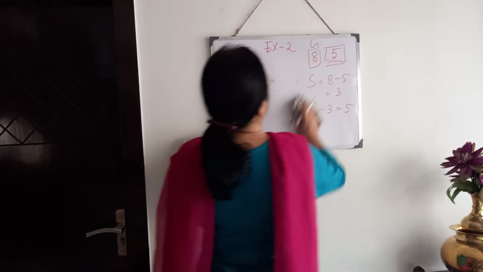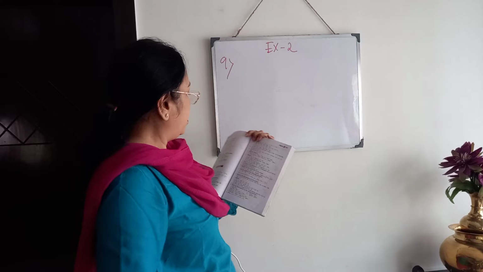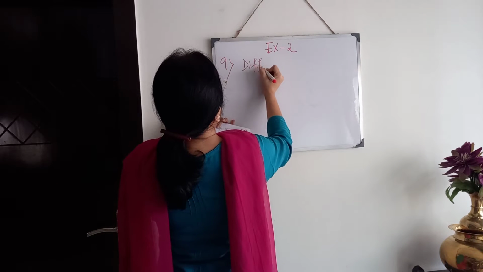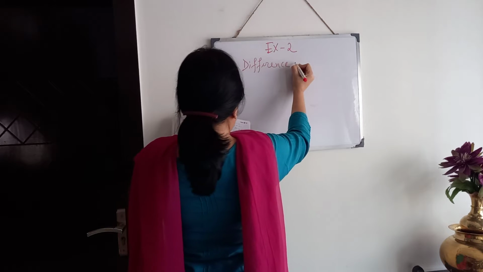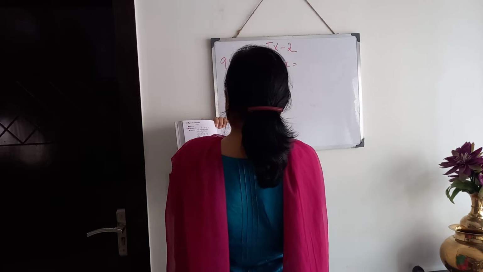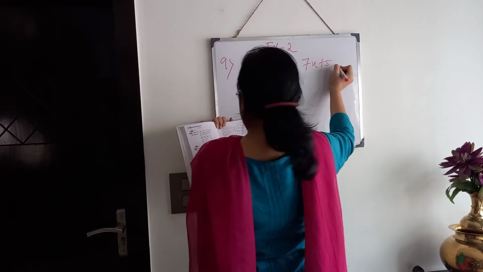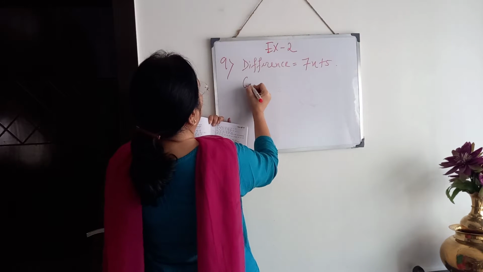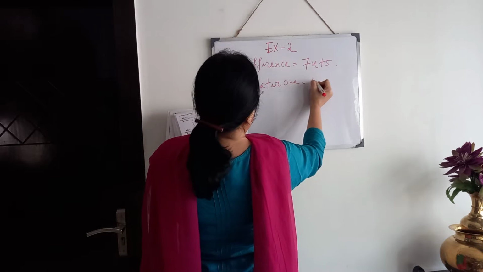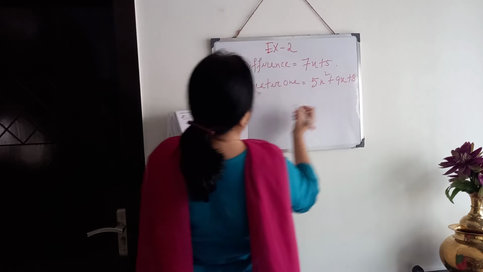So here you have to write: difference equals 7x plus 5, greater one 5x square plus 9x plus 8.